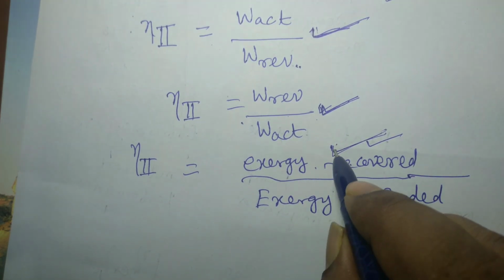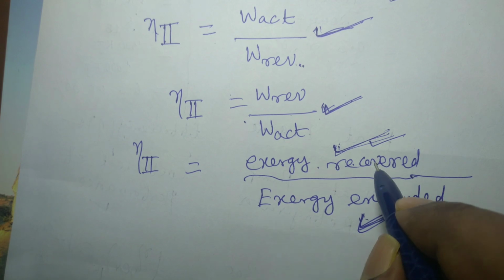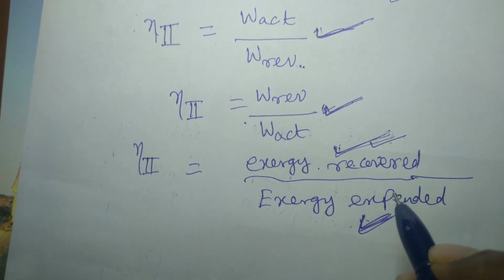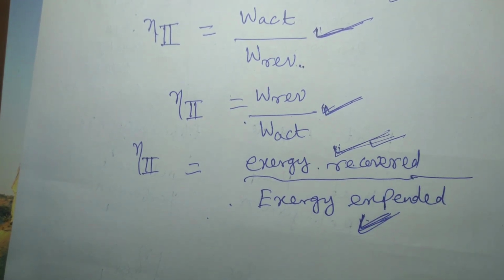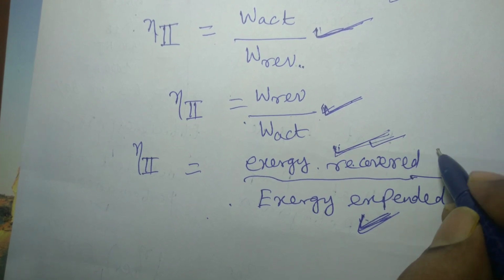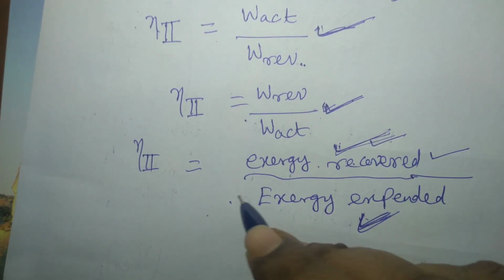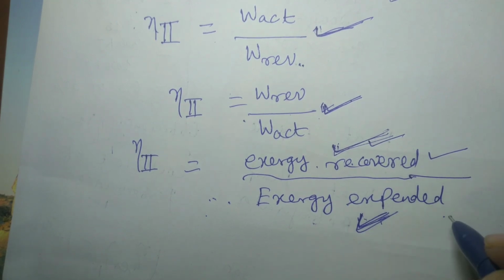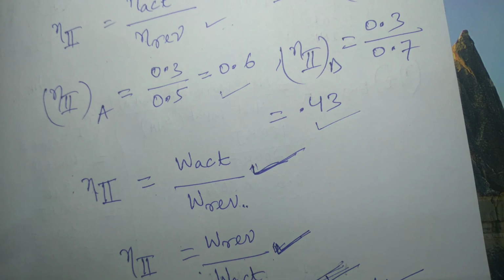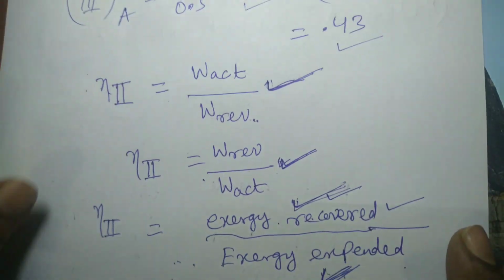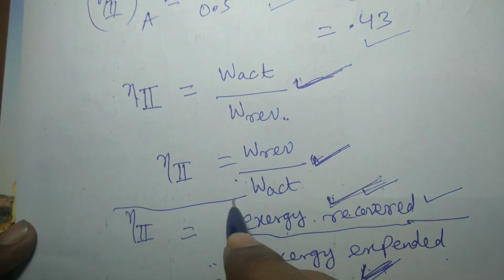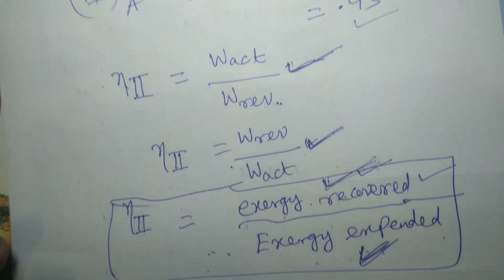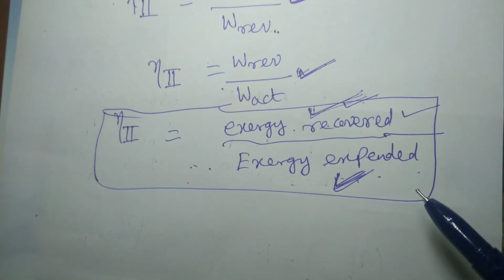But what we can do is minimize the destruction of exergy, so that second law efficiency would assume a higher value. The more the exergy recovered, the more the second law efficiency for a given exergy input or exergy expended. And this is the most general definition. This can be applied for any device, be it a heat exchanger.